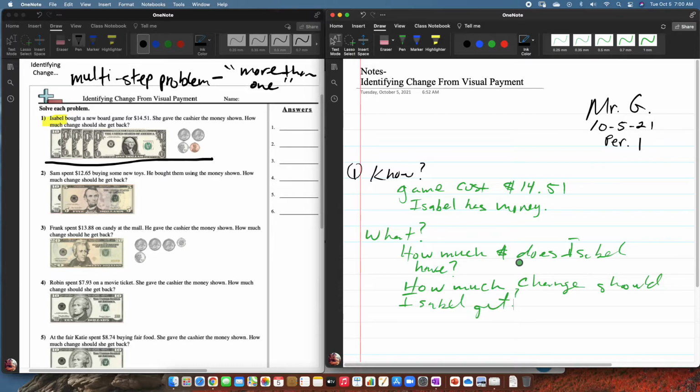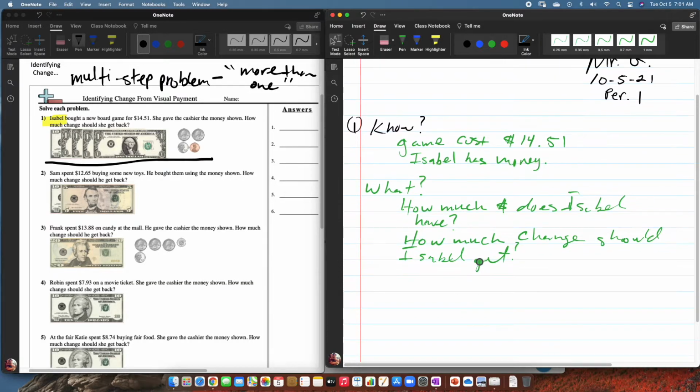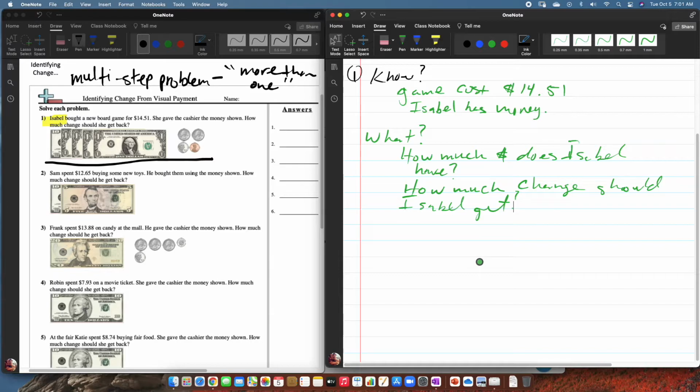So those are the 2 things that we want to find out here. We want to find out how much does Isabel have, and how much change will she get back. So this is a 2-step problem, okay?